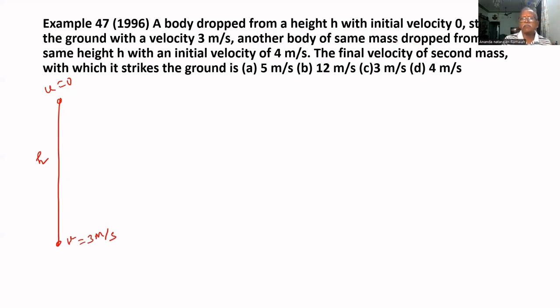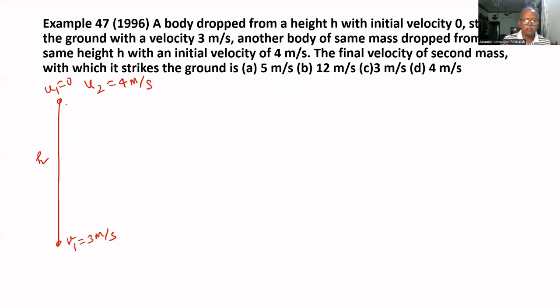Another body of same mass is dropped from the same height h with the initial velocity of 4 meter per second. So this is U1, V1. H is same, H1 equal to H2 equal to H. And U2 equal to 4 meter per second. The final velocity of the second mass with which it strikes the ground, we have to find.